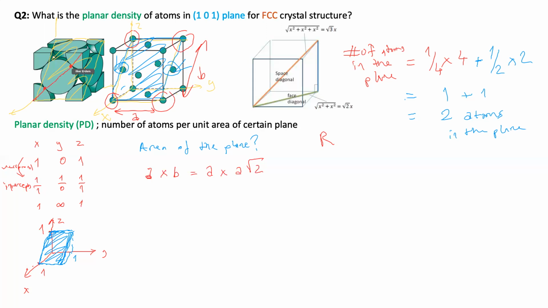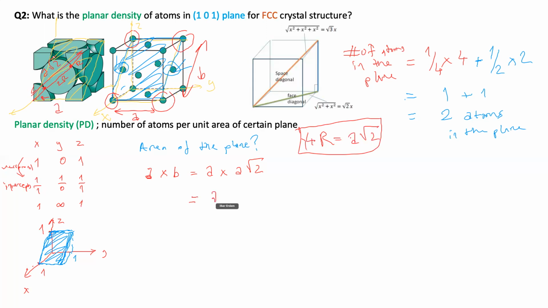On that face diagonal, the atoms are in contact with each other. That distance is composed of R, 2R, R. The total distance is 4R, which is equal to the face diagonal of the cube. So if this is A, that distance will be A times square root of 2. So I have written the relationship between R and A, which I can use in the area calculation.